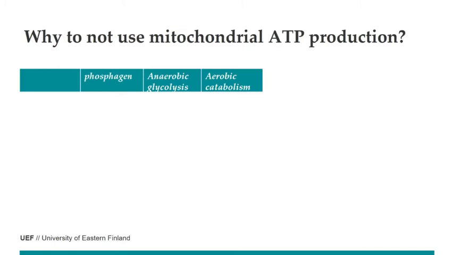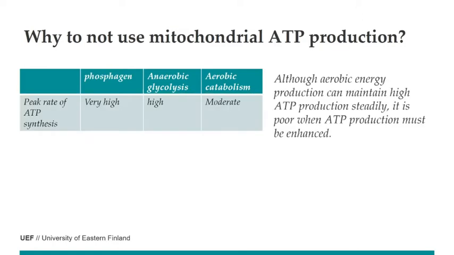The problem is that in the resting cell, you are using only a few ATP per unit time, but when you are running as fast as possible, you are using a lot of ATP, and then you must also upregulate the ATP production. And aerobic catabolism is not very good at increasing the ATP production.